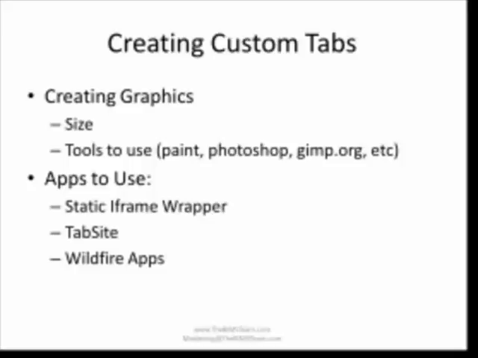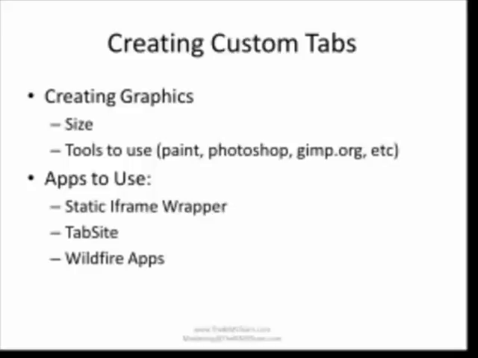That's what we use typically, and then there's GIMP.org. GIMP.org is a free site, and it has most of the tools of Photoshop. So if you are a little bit more graphically inclined but don't have Photoshop on your computer, I recommend going to GIMP.org to make that cover image, the custom tabs, and the graphics for the actual tab itself.